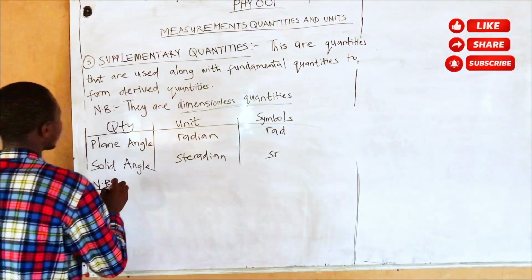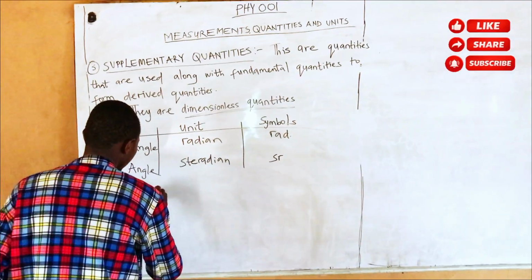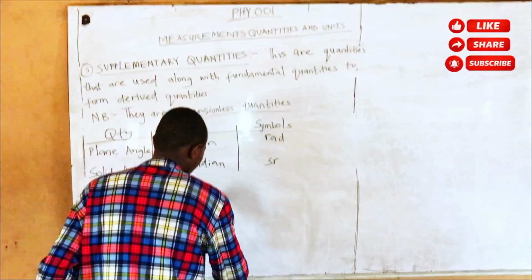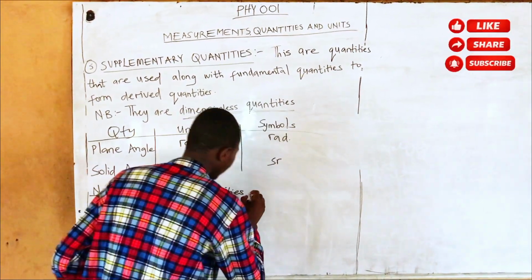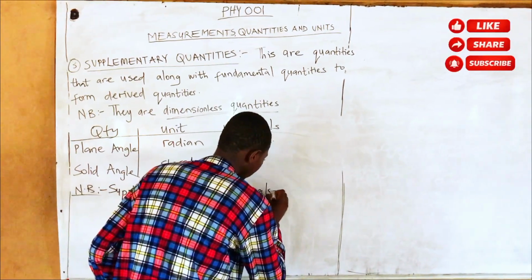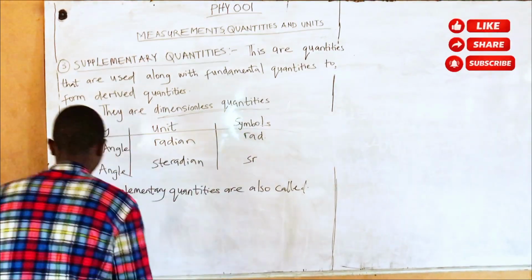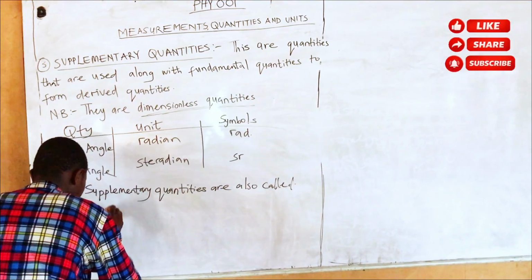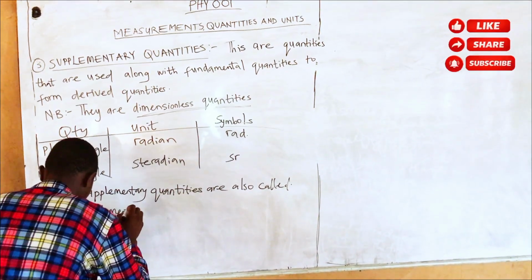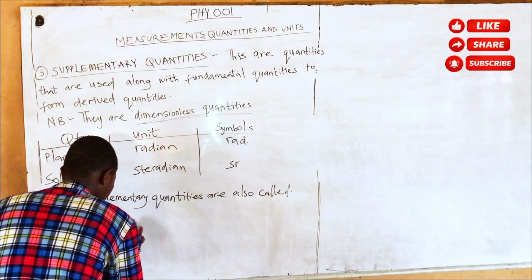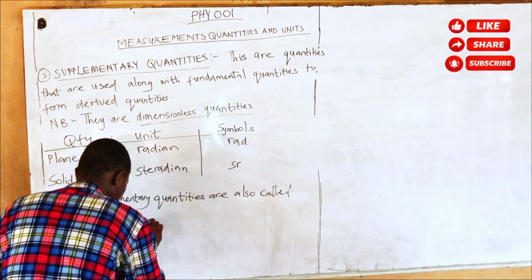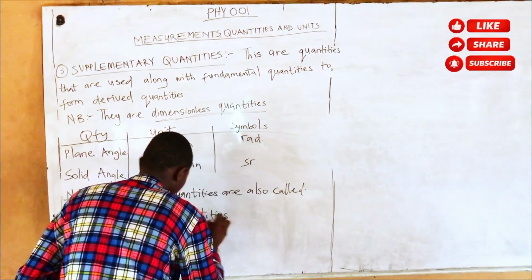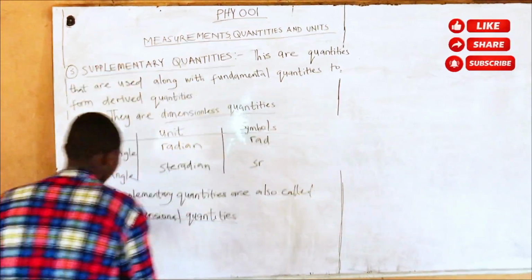Also note that supplementary quantities are also called pseudo-dimensional quantities, right?